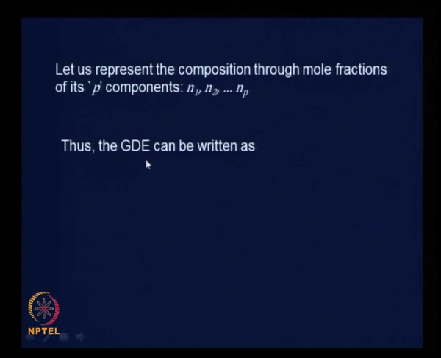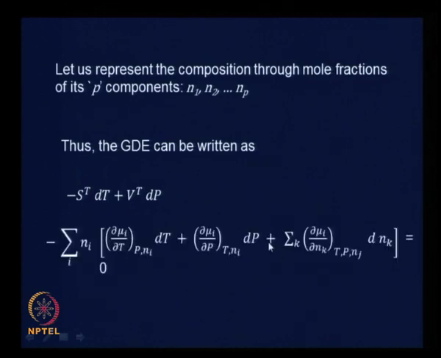Therefore, you could write the Gibbs-Duhem equation as minus S_T dT, this we all know, plus V_T dP plus the sum over N_i times [dou mu_i dou T at constant P, N_i dT plus dou mu_i dou P at constant T, N_i dP plus the sum over all k, where k is just an index for the sum and the total number of components is p, of dou mu_i dou N_k at constant T, P and all other N_j, dN_k], and this equals 0.